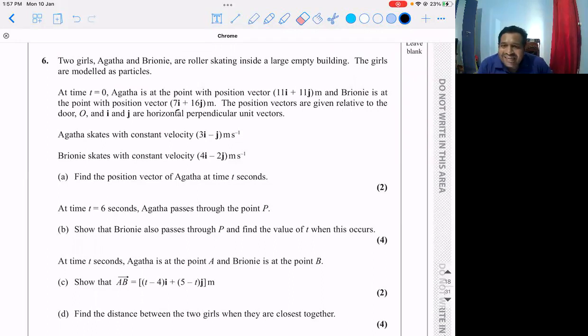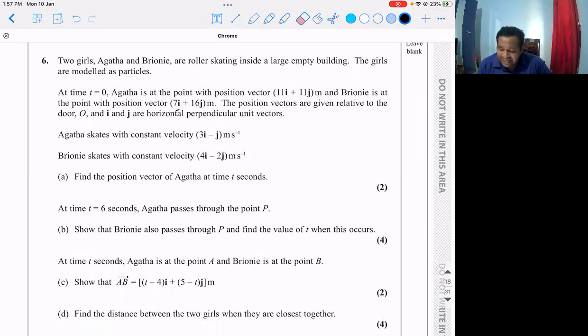The girls are modeled as particles. At time t equal to 0, Agatha is at the point with position vector 11i plus 11j meters, and Brioni is at the point with position vector 7i plus 16j meters.